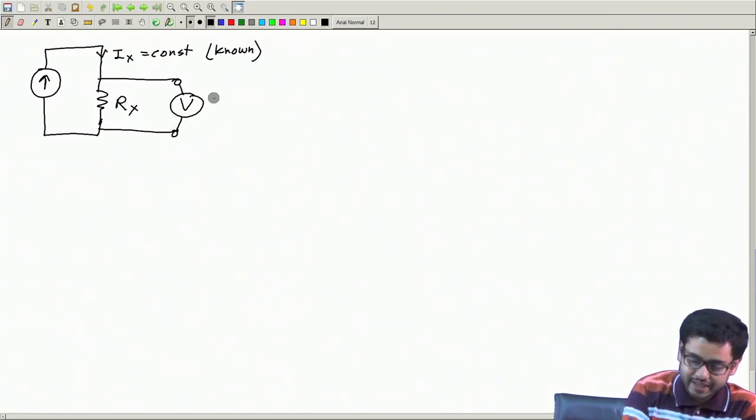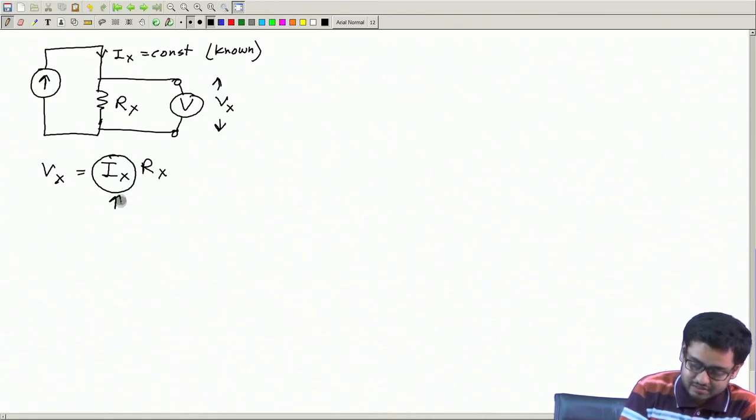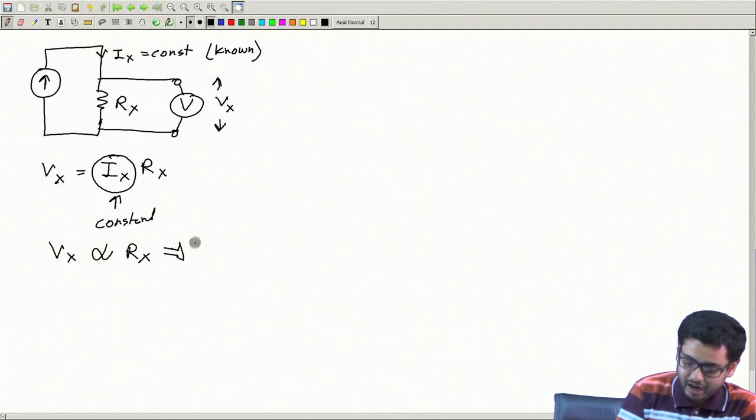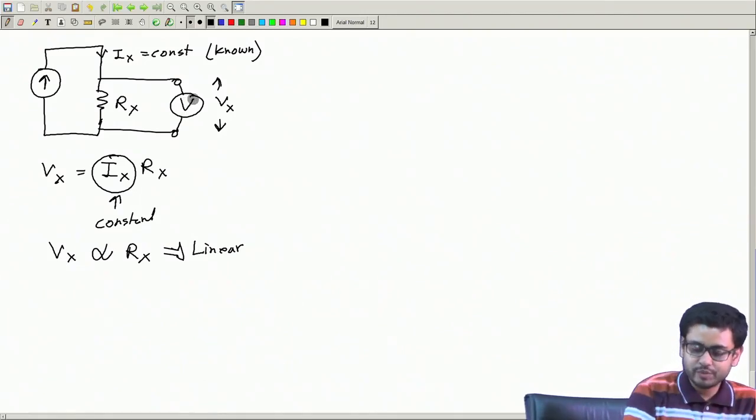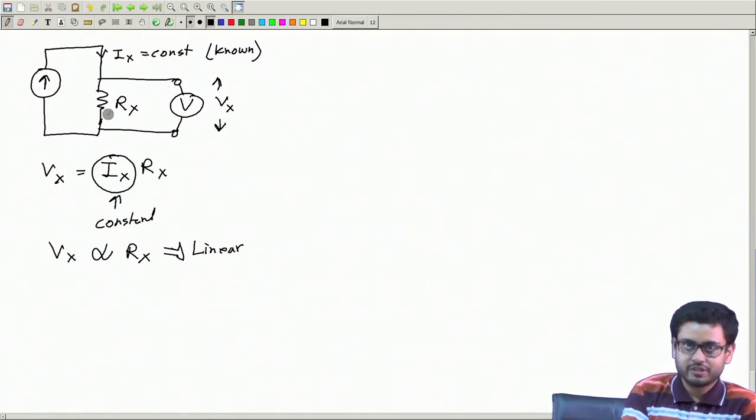Call this Vx. What can I write about Vx? Vx is Ix times Rx, and Ix is constant. So Vx is proportional to Rx. So this will be a linear meter. The output meter reading will be proportional to the input or unknown resistance Rx.